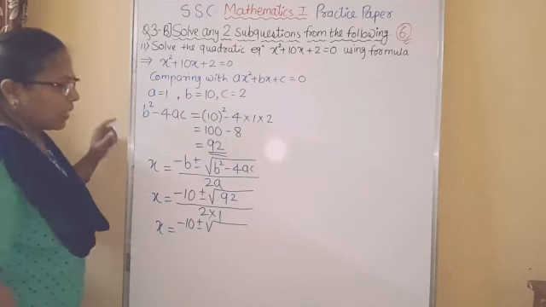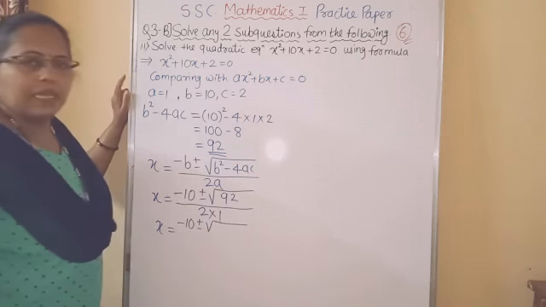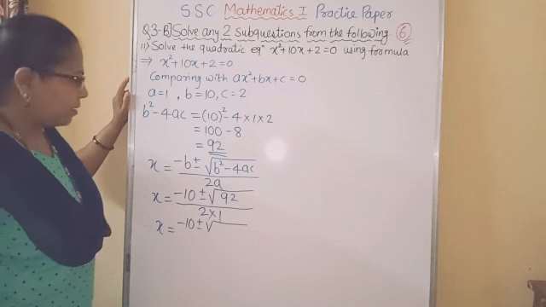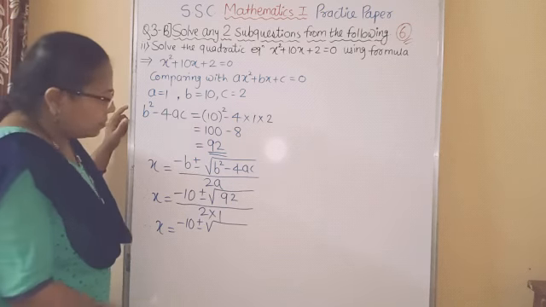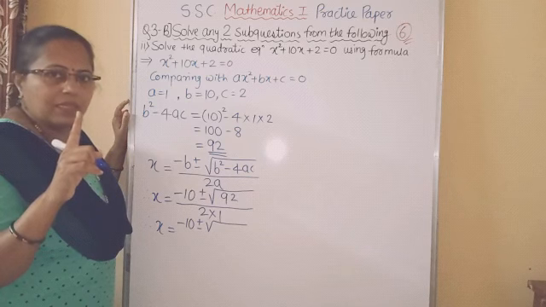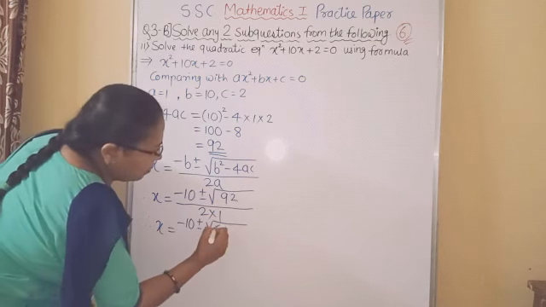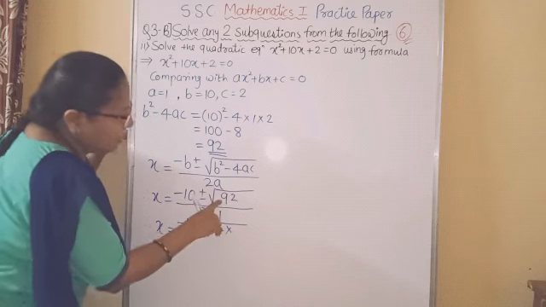Now we have to find the factors of 92. We have to convert this into a mixed surd. Okay. So one of the factors we require is a square term. So let the first factor be 4. Divided by 4.